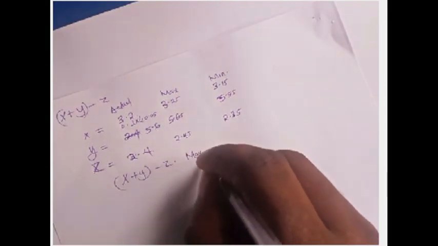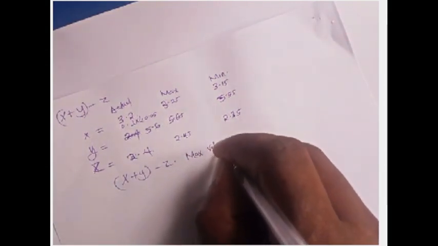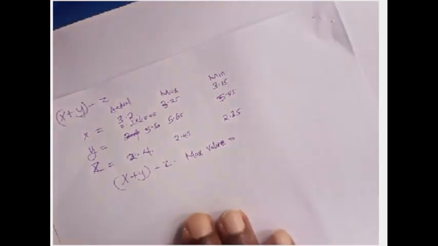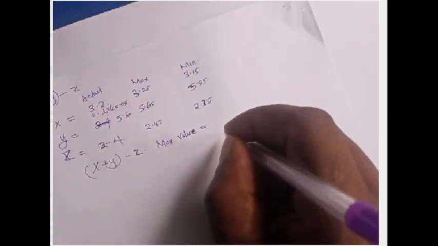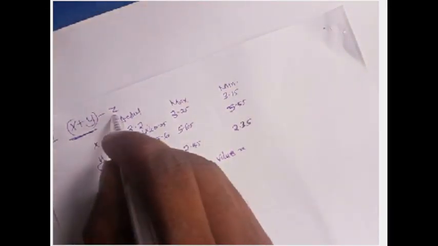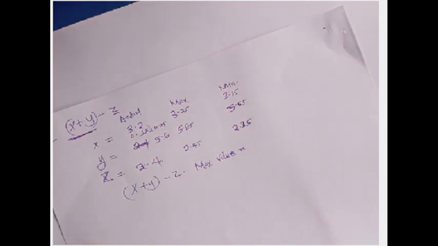Let us find the maximum value of this. The maximum value will be the maximum sum minus the minimum z, so that we get the largest difference.